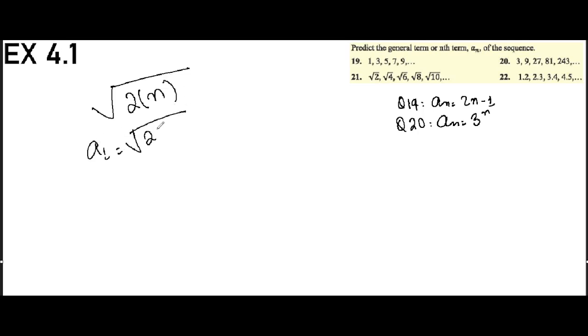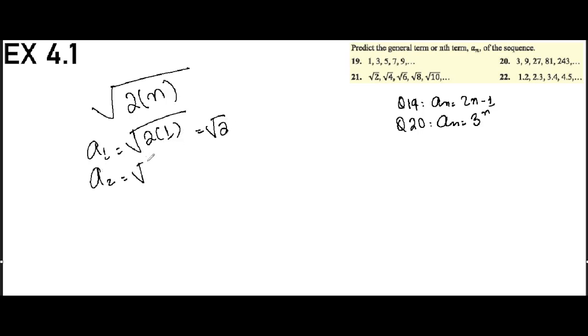Now we have question number 21, which is square root of 2, square root of 4, square root of 6, square root of 8, and square root of 10. So the square root is common. Inside the square root, we have all the even numbers 2, 4, 6, 8, and 10. For even numbers, it was 2 into n. Now a1 equals square root of 2 into 1, which is square root of 2.